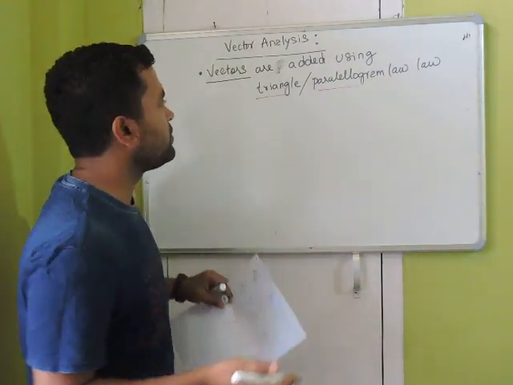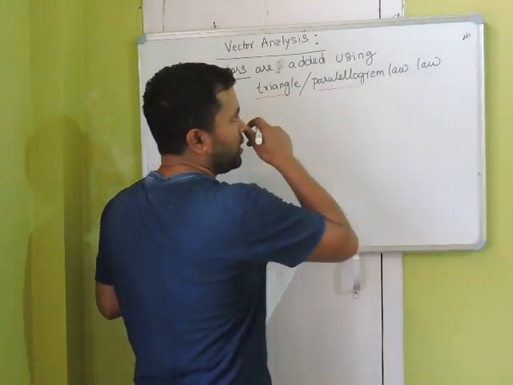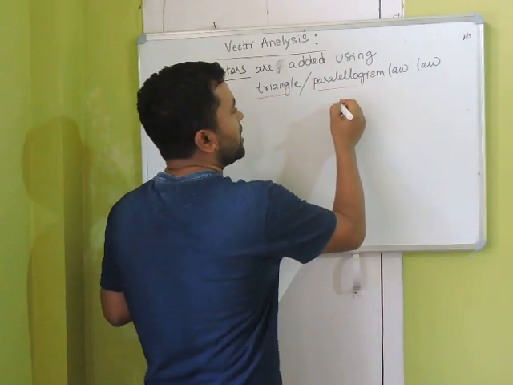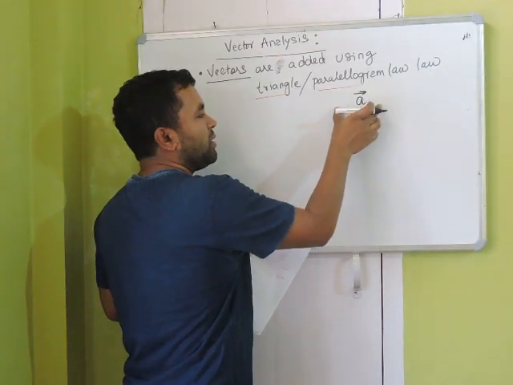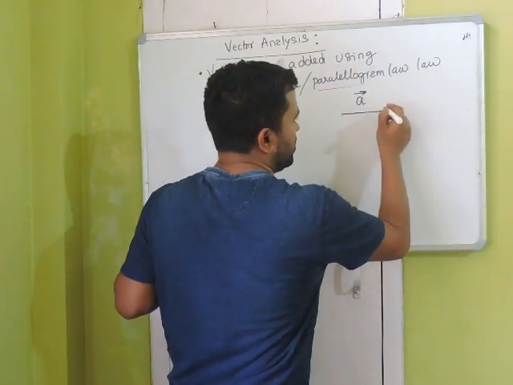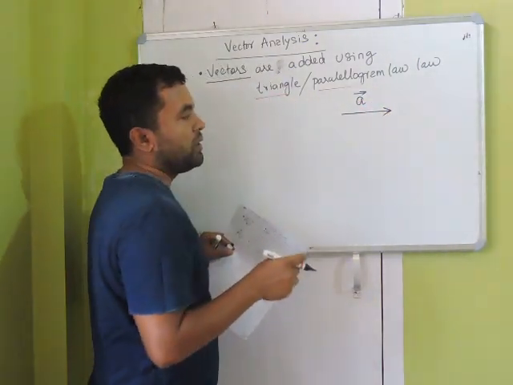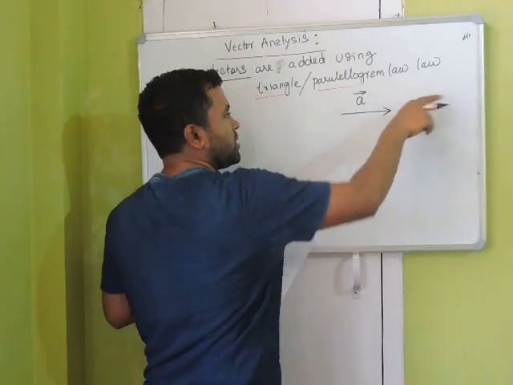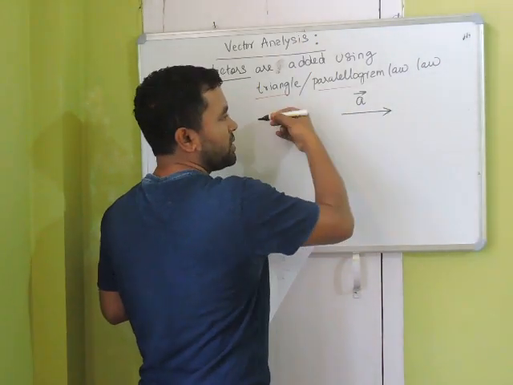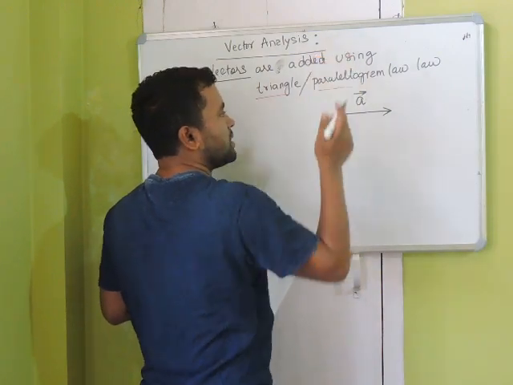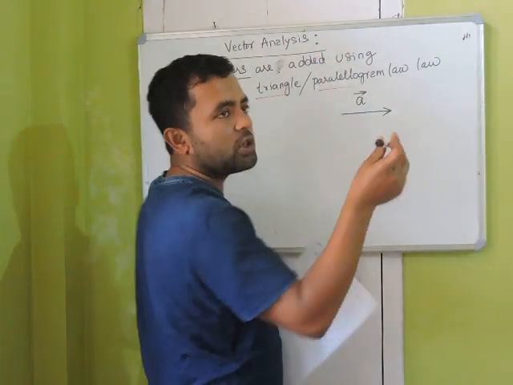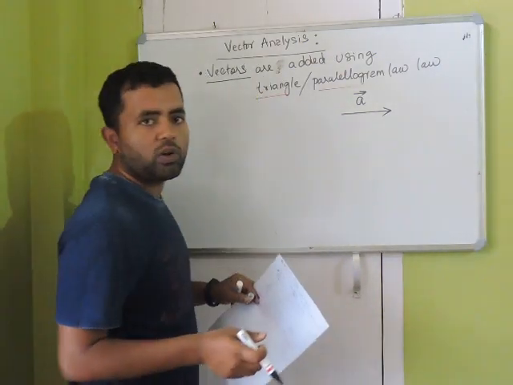A vector is represented by a symbol A, which is nothing but an arrow. Now this vector is pointing along X, you can say. If I draw an arrow like this, it is pointing towards minus X. What if a vector is pointing towards you? How will you draw it?